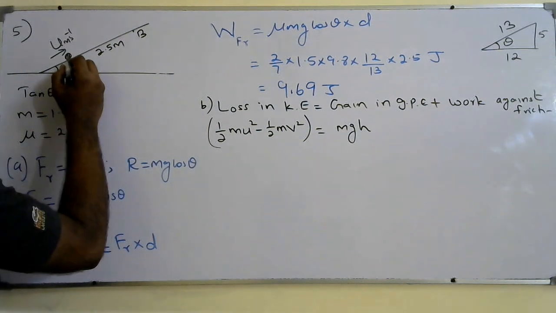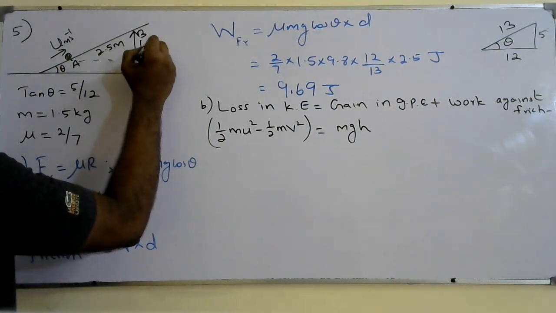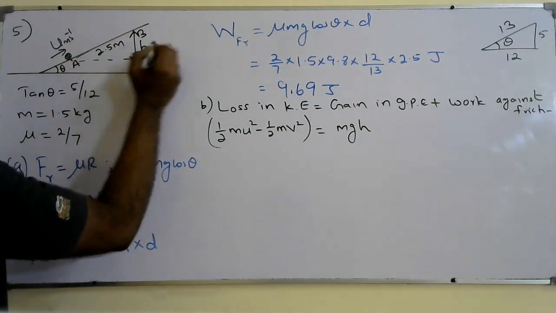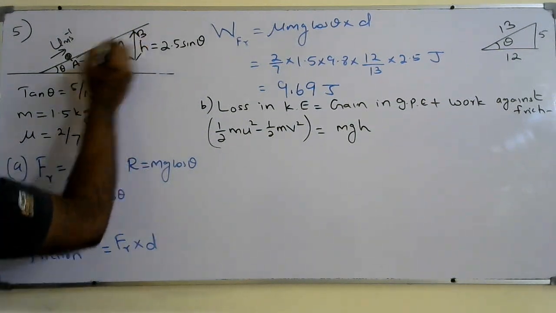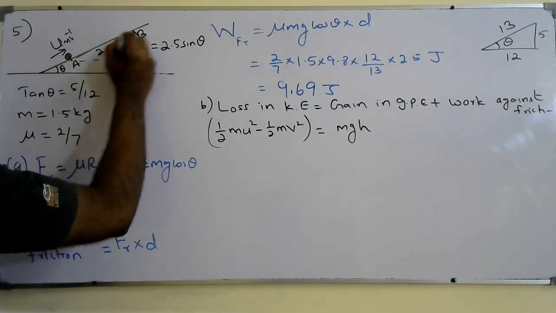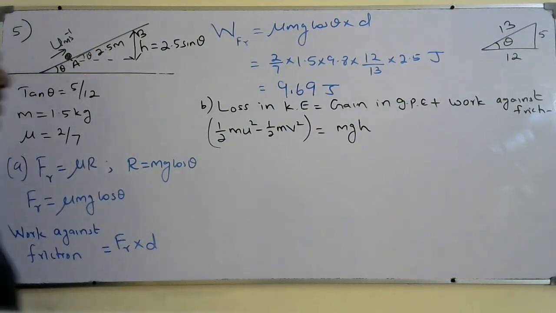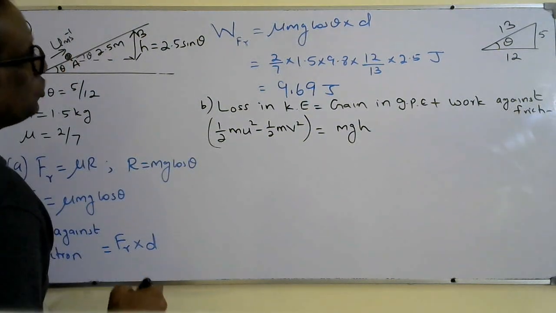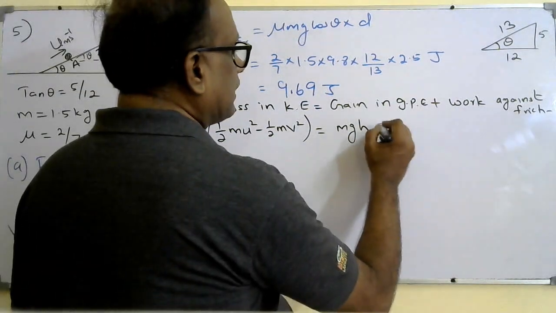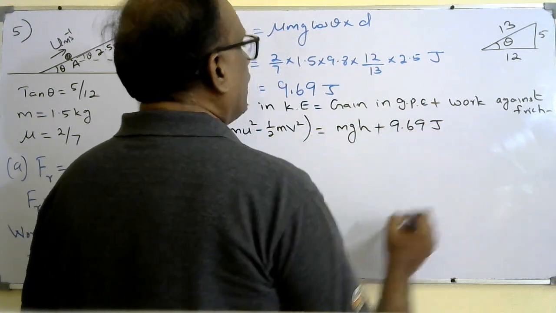So how much is h? From A to B, in this right angle triangle, h is 2.5 sin theta. This is theta, this is also theta, parallel angle. So mgh, h equals 2.5 sin theta, plus work done against friction, we found it 9.69 joules.